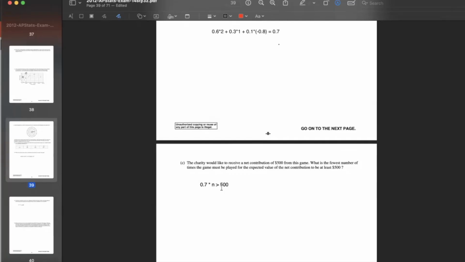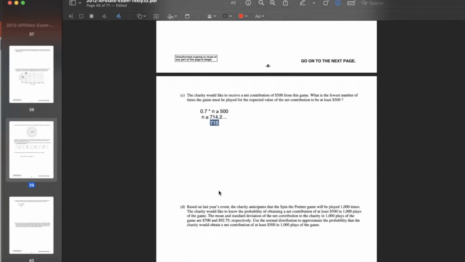Or actually greater than or equal to, because it's at least. All right. And then if you solve this inequality, you'll get that n needs to be greater than approximately 714.2. All right. But since we can't have a fraction of a play, we have to round up to 715. So 715 is the answer.